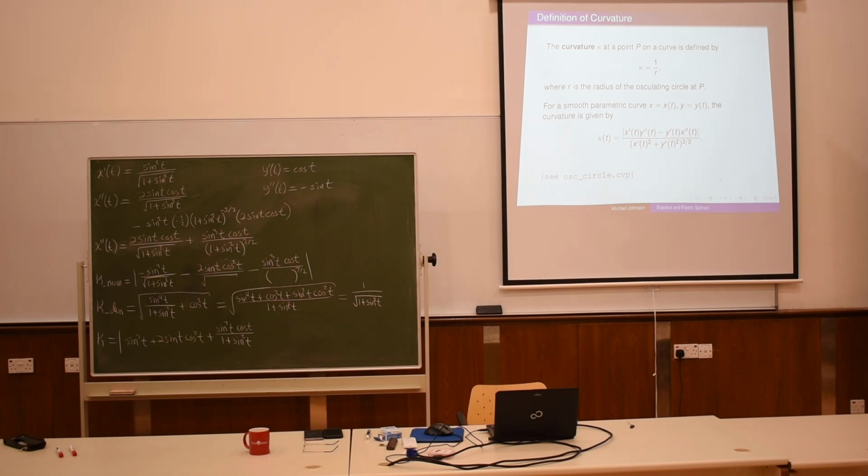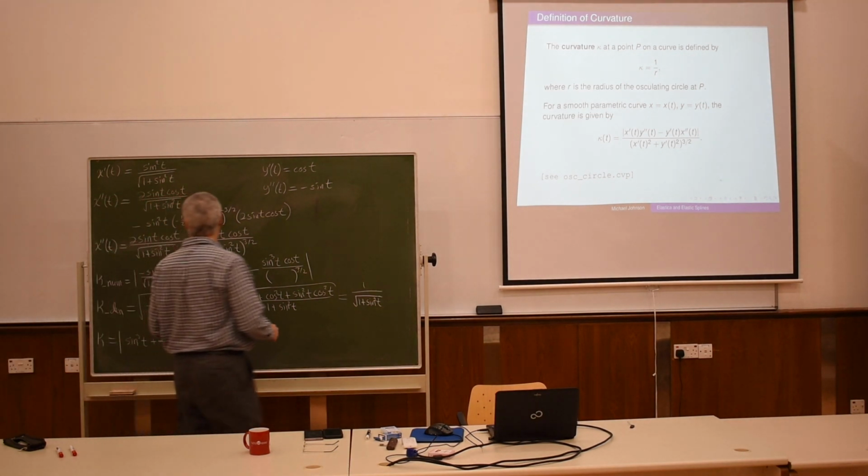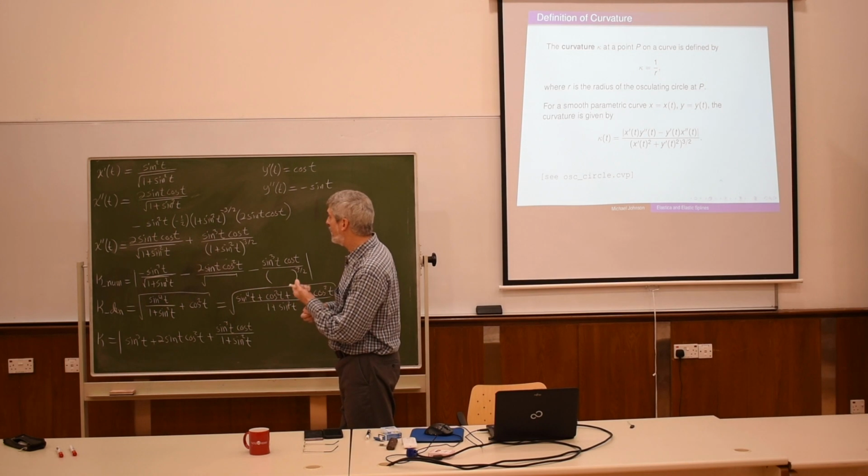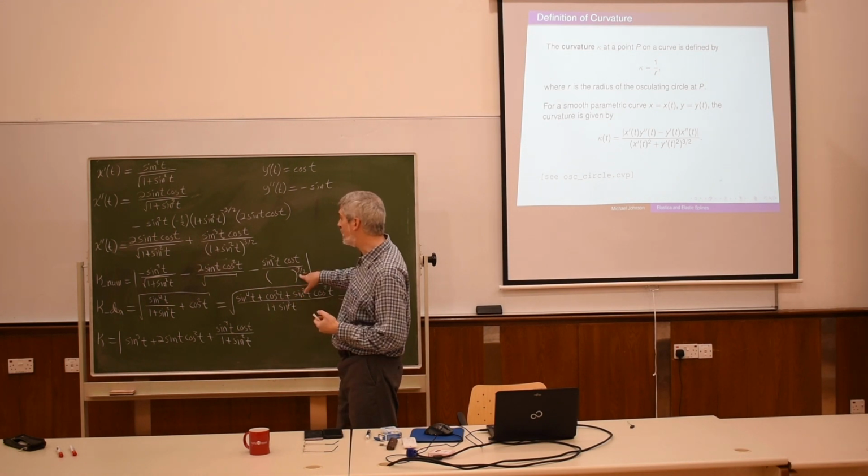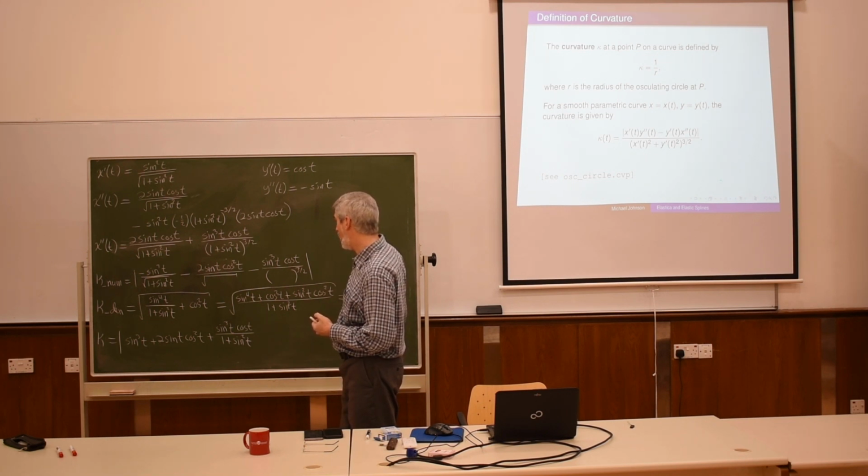Professor? Yeah? I think this is the 3 over 2, right? Not 2, right? Denominator. Yeah, down here it's to the 3 over 2. No, kappa denominator. All to the 3 over 2, right? From the equation.